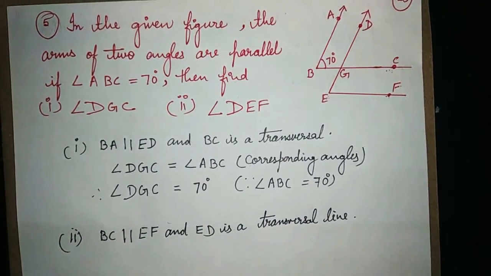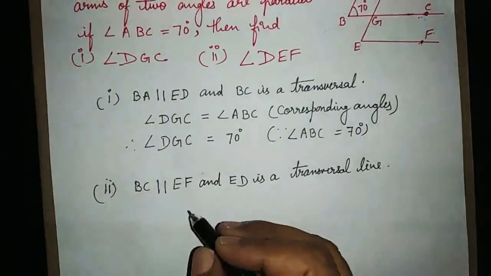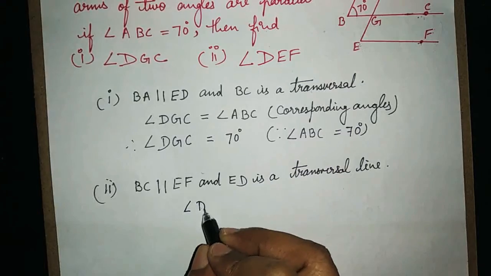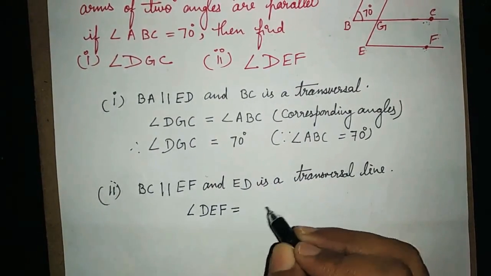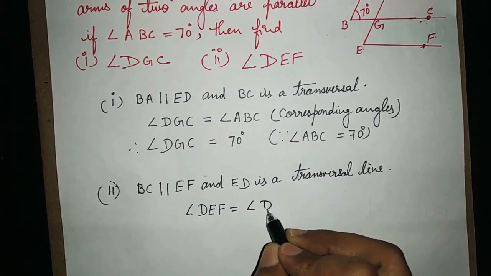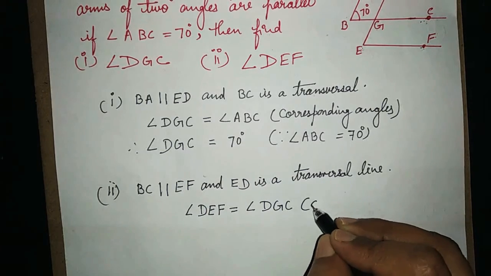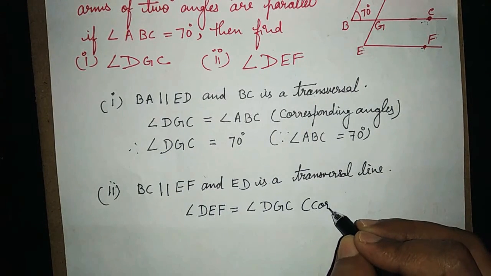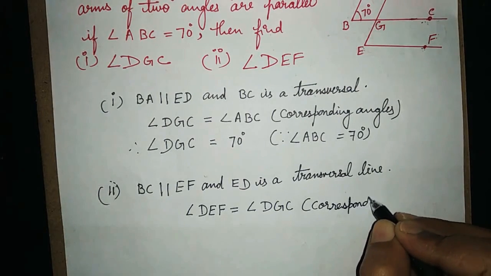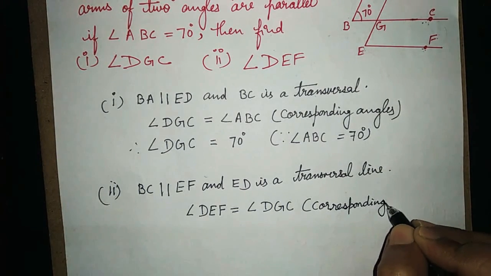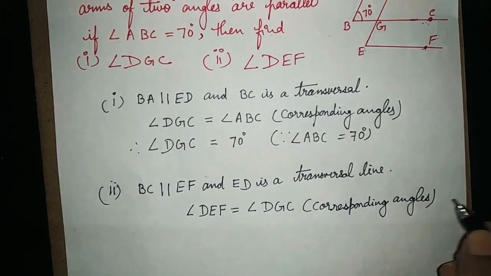Okay. So here we are going to find out angle DEF. So we will write angle DEF is equals to angle DGC, and they are a pair of corresponding angles.